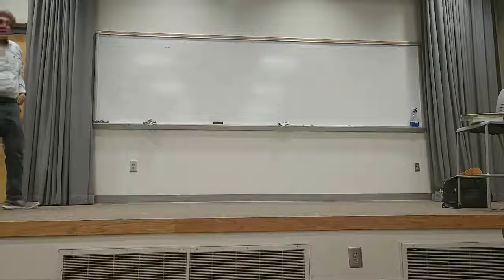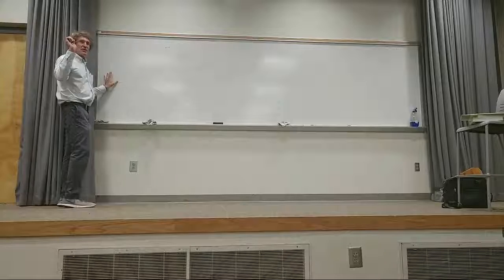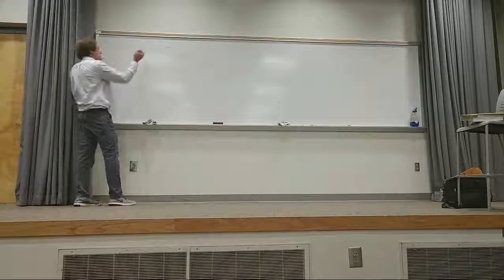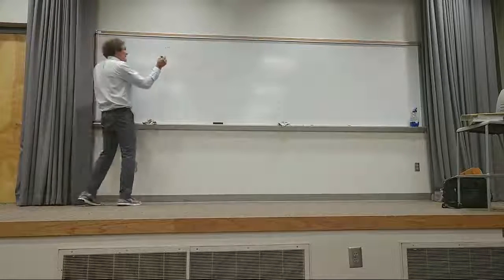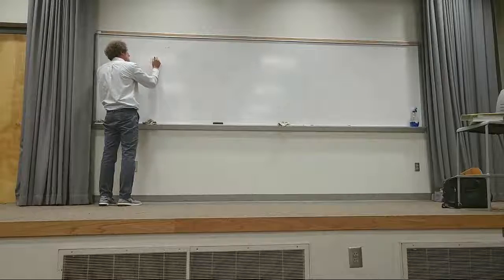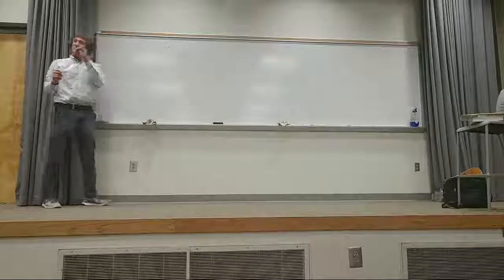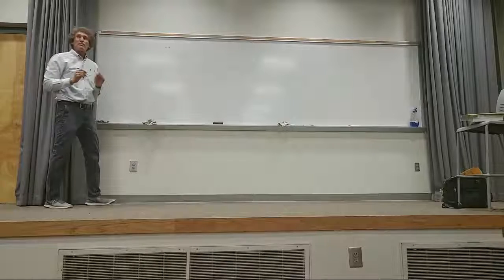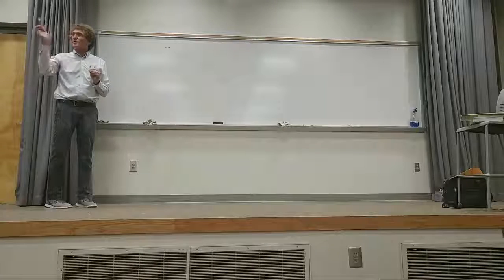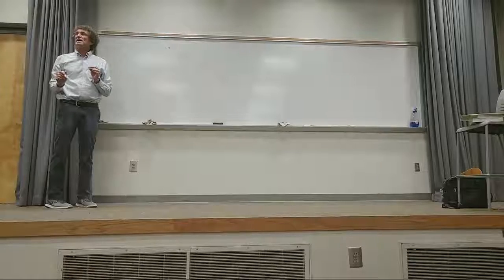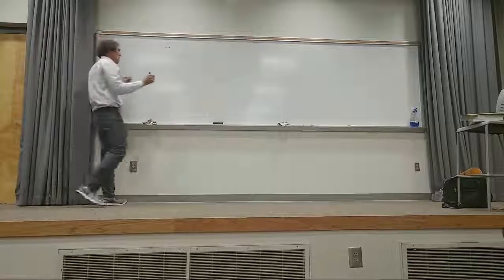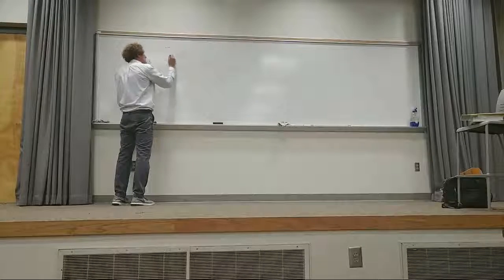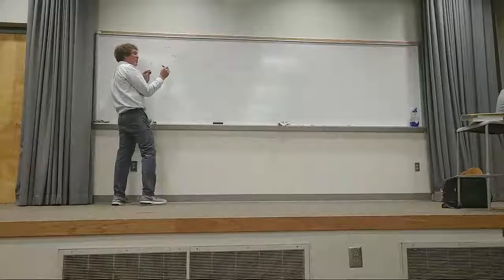Now I take a signal x of t, but I'm going to sample it. So I'll put a sub s here, and this represents a sampled signal. We're going to only take values at discrete points in time. Well, how to do that?